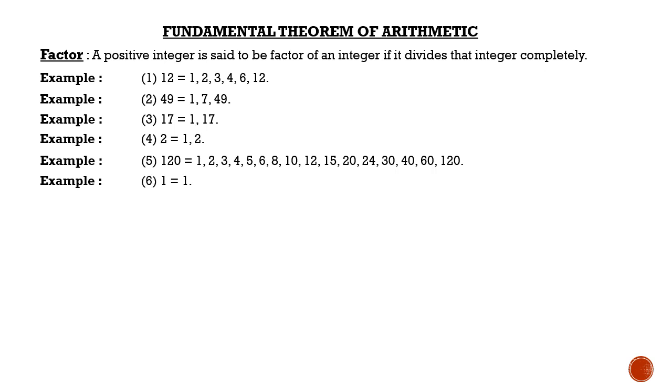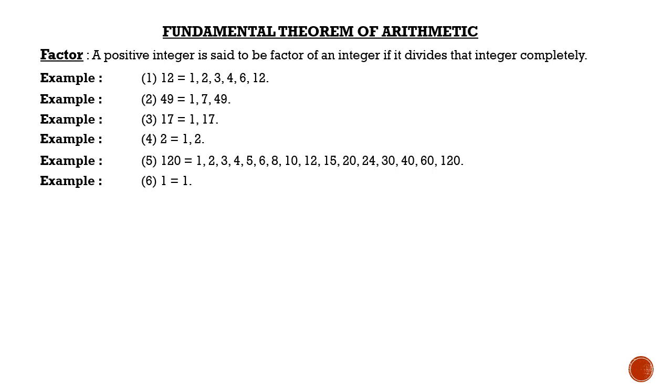Similarly, let us take the sixth example, that is 1. There is only one number which will divide 1, that is 1 itself. So 1 has only one factor. From the above examples, we come to know that the integers which divide a particular number are called factors of that number.